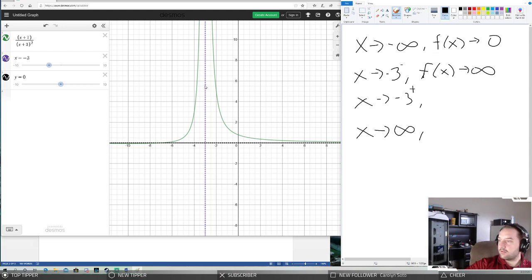As it goes to -3 from the positive, it's also going up forever, so it's going to go to infinity. And then as it goes to infinity, it's approaching 0. So as my x goes to infinity, it's going to approach 0.